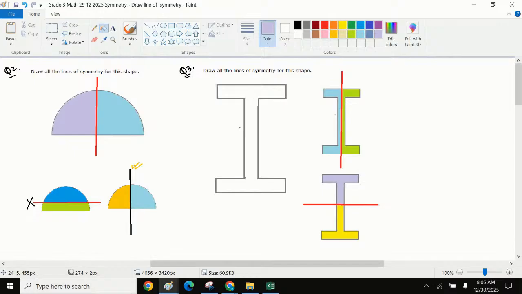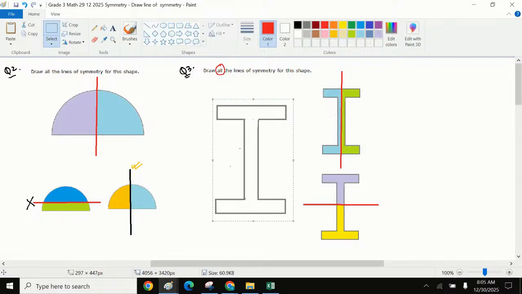So can we say that some shapes can have more than one line of symmetry, right? Agreed? So on the final shape, we can show the two lines of symmetry. This is the first line of symmetry, the horizontal. Agreed? And let's take the other one.